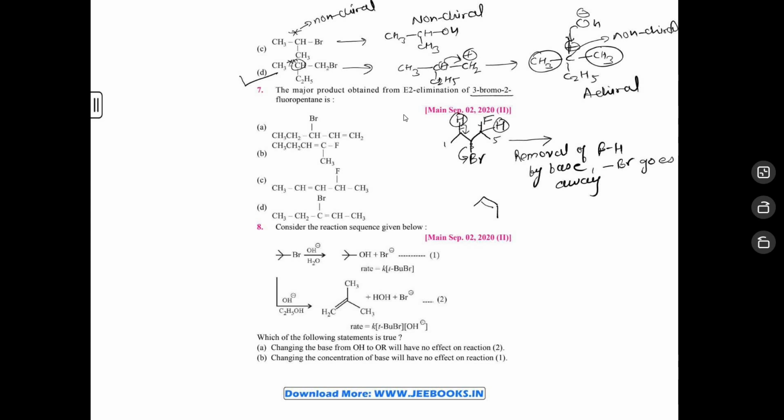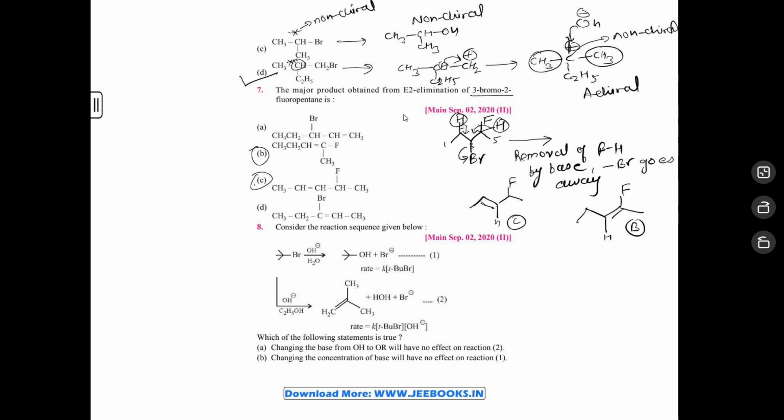You are removing this, and then you have this. So it is matching to option C, right? But if you remove the other beta hydrogen, then you will have this product, and it is matching to B. So the answer could be C or B.